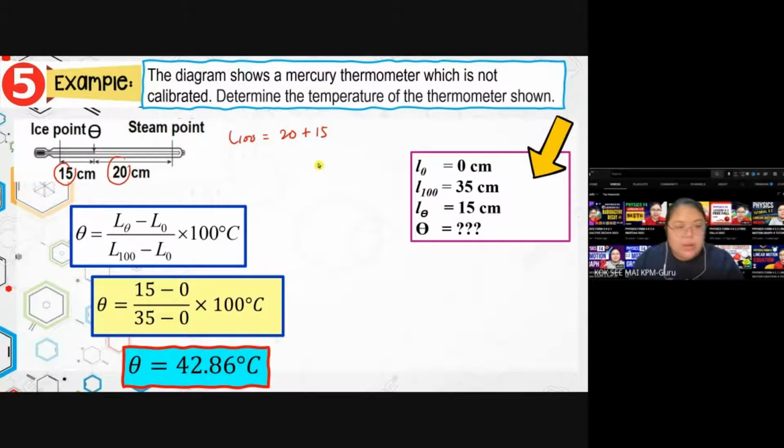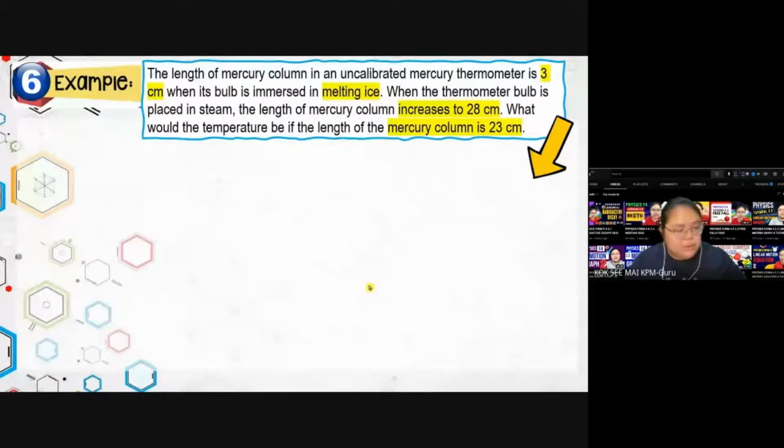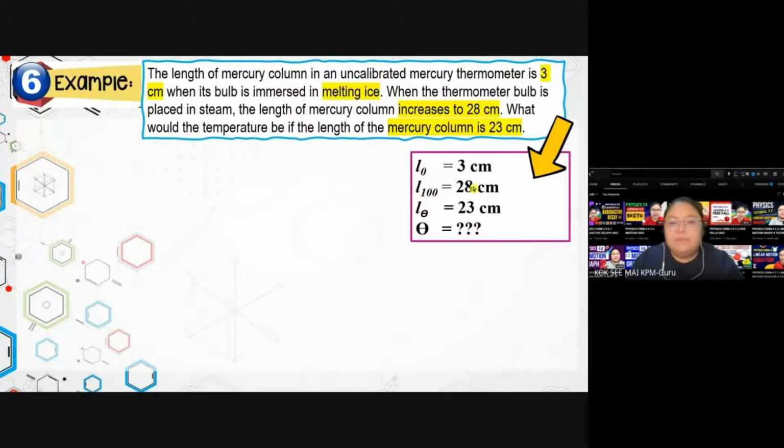Then now we go to example 6. I think this one is your question for number 4. The length of the mercury is uncalibrated, same. So what would be the temperature when the mercury is put inside? So we just write the info. 3. After that, it increases until 28.